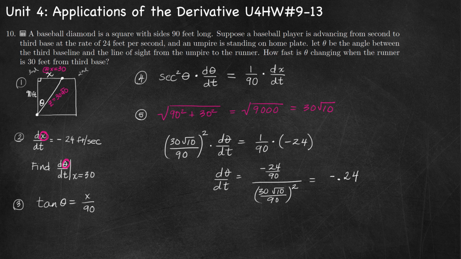Now our units are going to be the units for theta. Theta is our angle measured in radians, per our units for t, and our time t is measured in seconds. So our units are radians per second. Negative 0.24 radians per second.